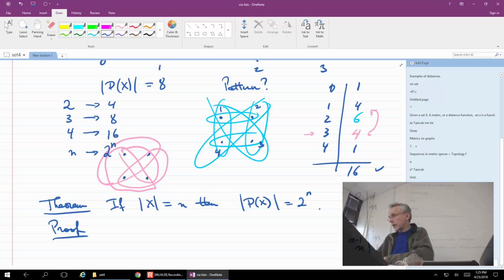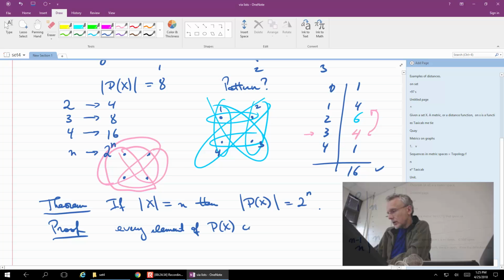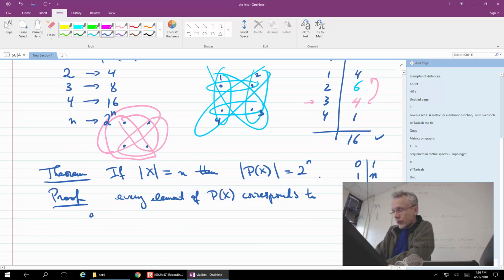The computation is fairly straightforward, but we have an idea for the proof. Just realize that every element of the power set P(X) corresponds to, and when we say corresponds to, we mean exactly always the same thing, it is a one-to-one correspondence, a string of n zeros and ones.